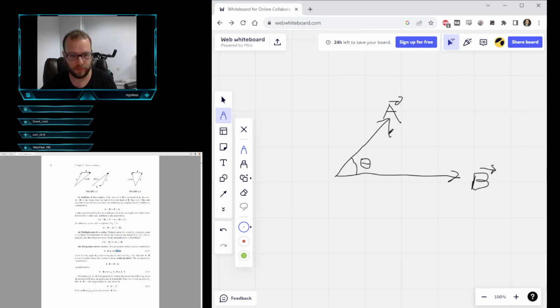Well, if we drop a perpendicular, so this is the quantity A cos theta.